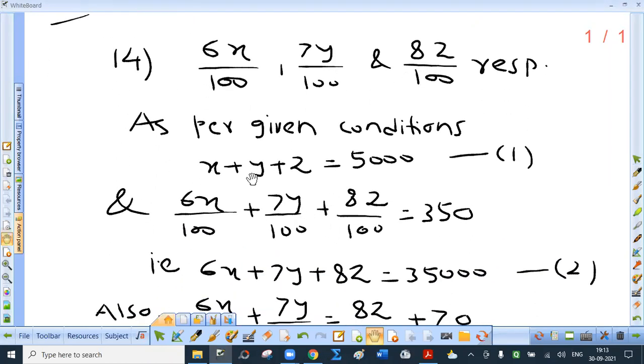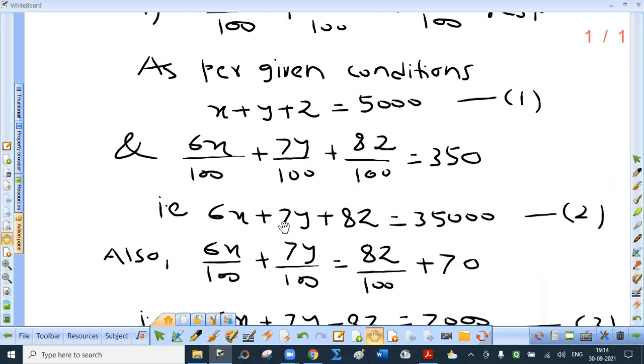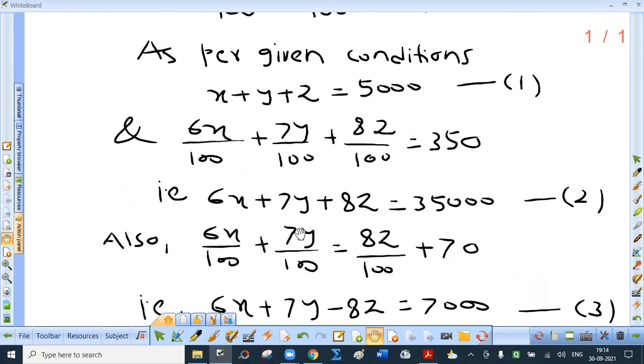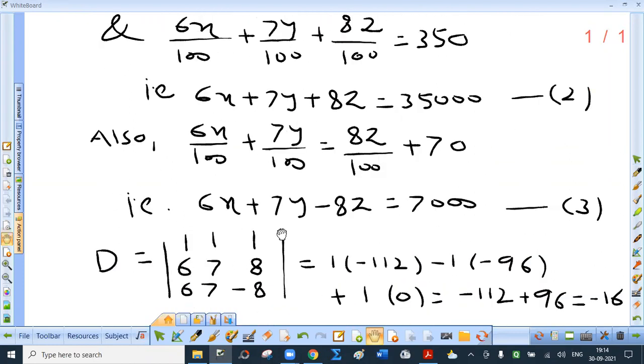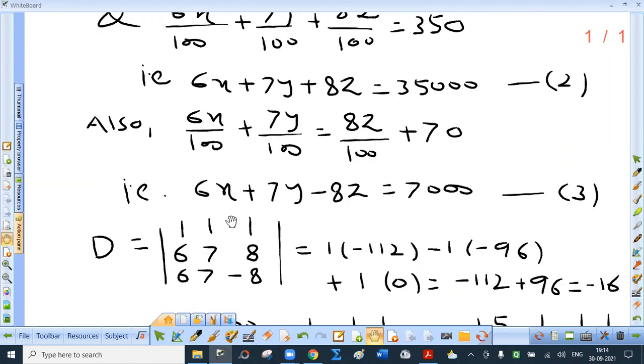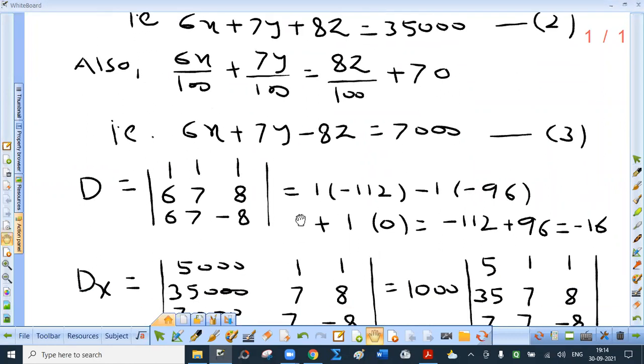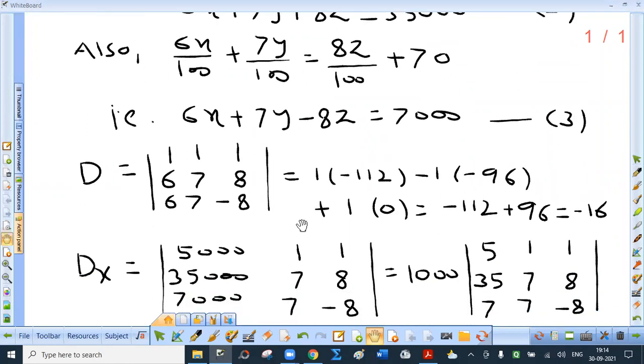So what are the three equations as per given conditions? These are the three equations. Okay. Now, what is D? Determinant of coefficients of x, y, and z. So this is D equal to minus 16.